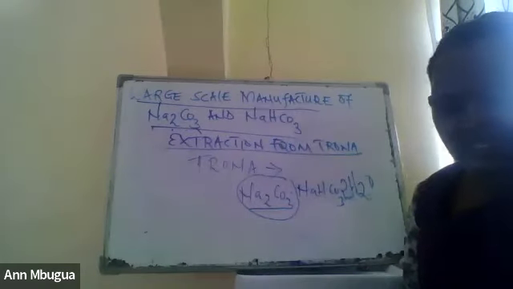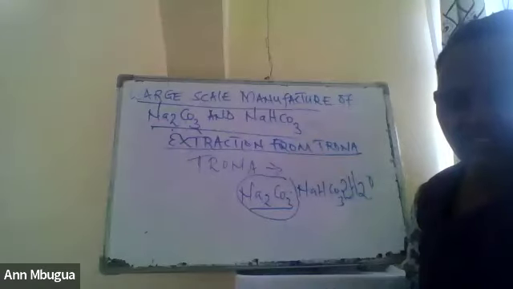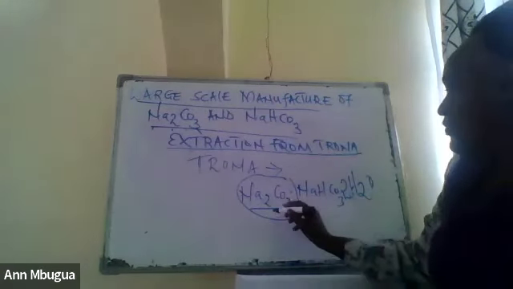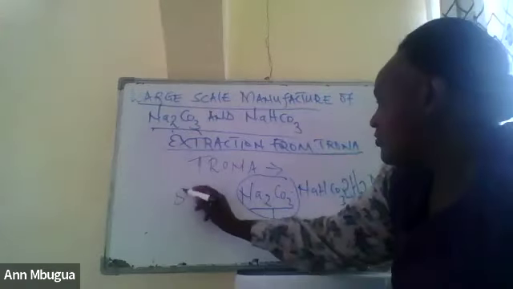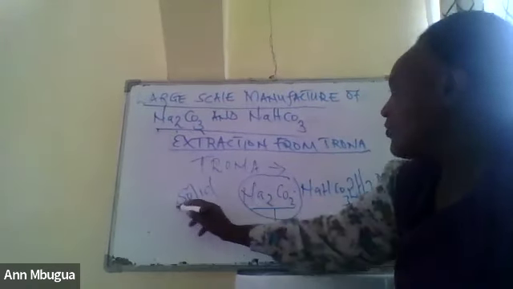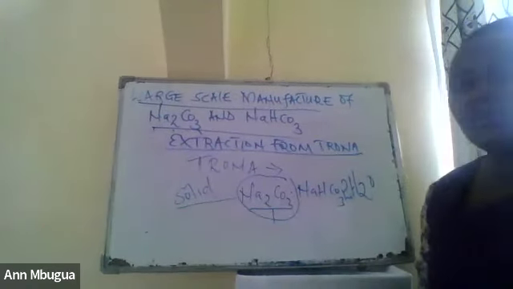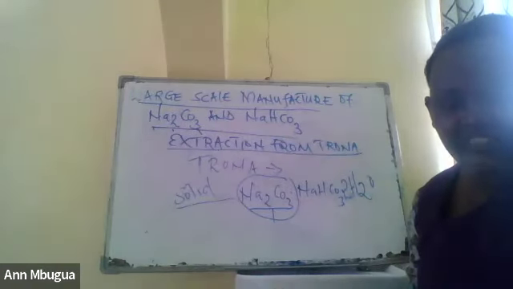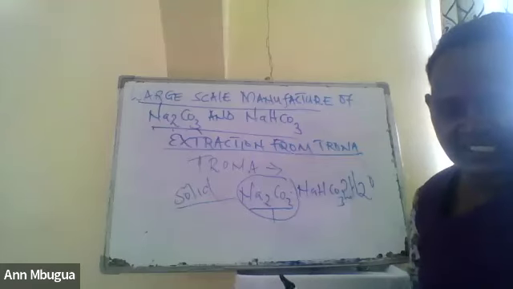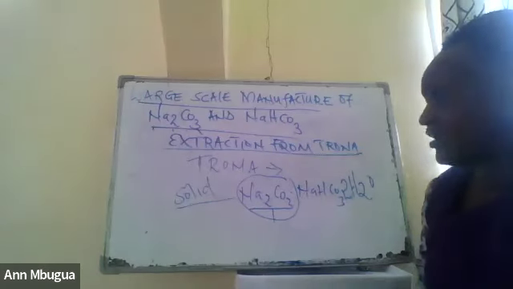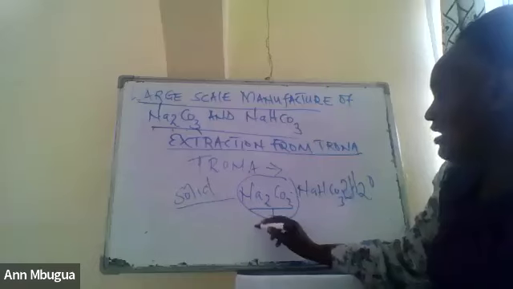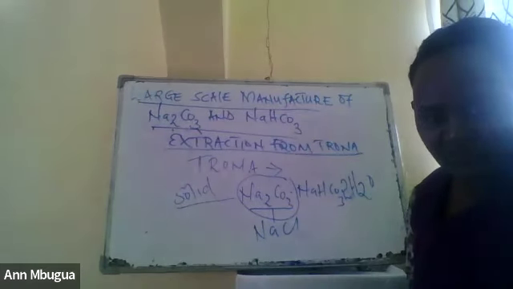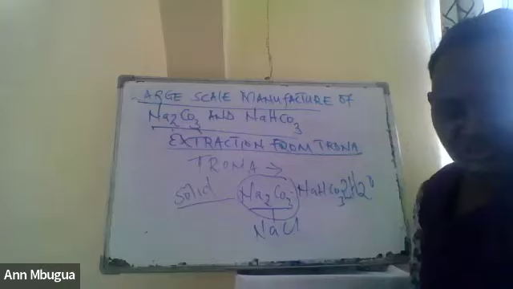Within the salty lake, we have the solid trona, which is sodium carbonate, sodium hydrogen carbonate, but hydrated. Within the lake, we also have a small amount of sodium chloride. That's a question I've seen one of you asking. After explanation, I'll have answered that question.